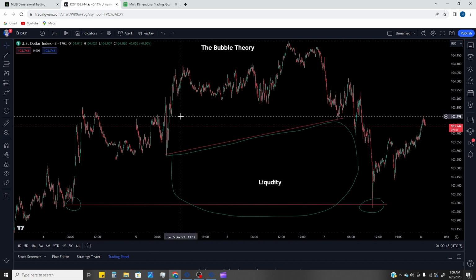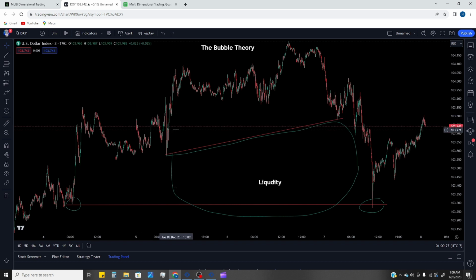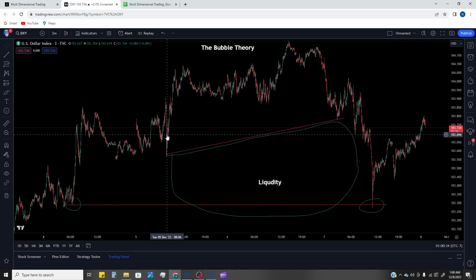And like everything that we go over in the multi-dimensional trading video series, this works on every time frame. Multiple dimensions, and what a dimension ultimately is, is a measurement of something.